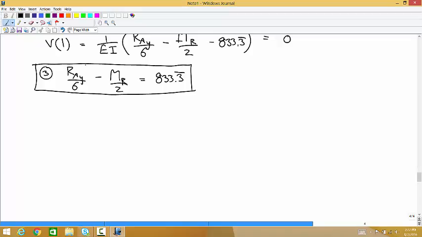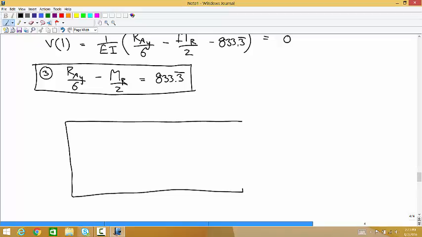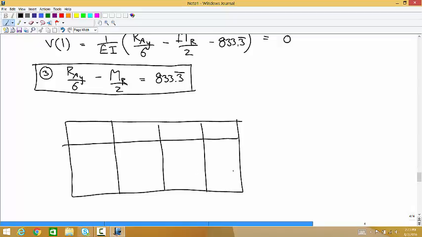All right, well, let's write it out as a table. So our variables, we have a system of 3 and 3. Our first variable is R_A y.